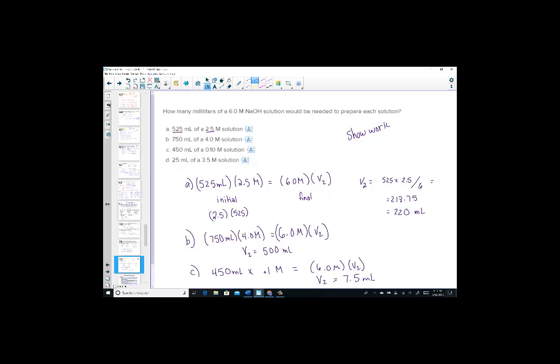And I can squeeze in letter D if I put that up here. Here's letter D for us, 25 mL times your 3.5 molar set equal to 6 molar times V2. My calculator will go 25 times 3.5 divided by 6. My screen reads 14.583.